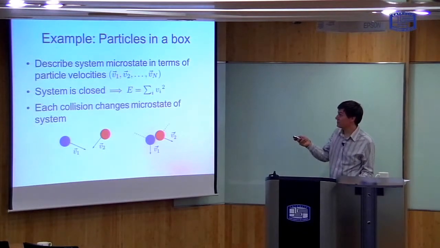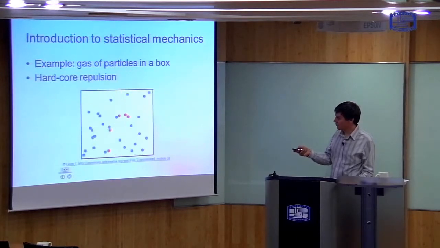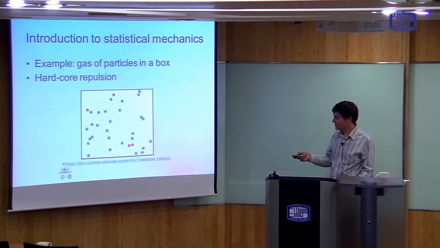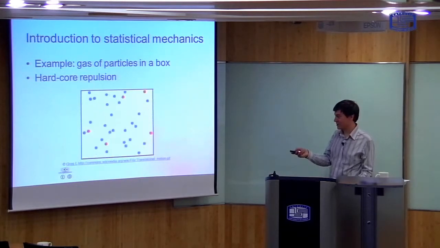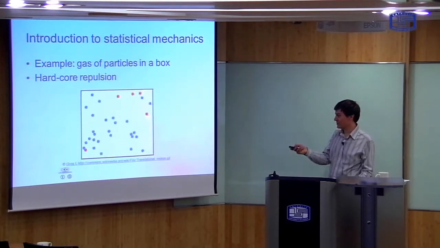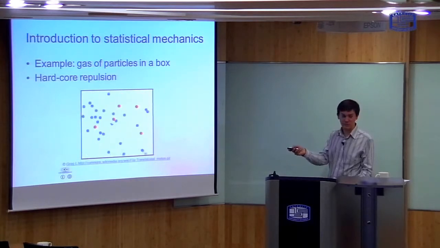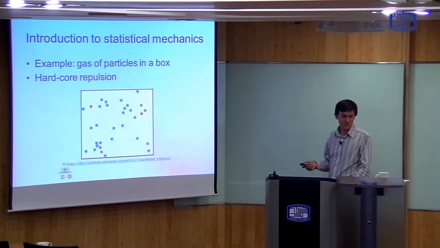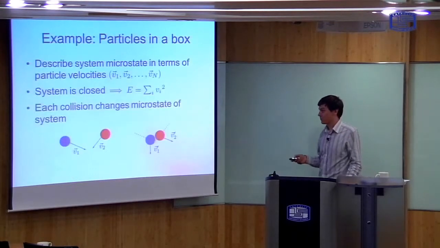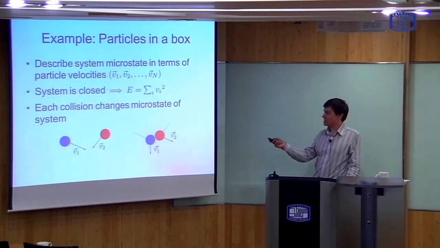I defined the microstate in terms of the velocities of the particles, but when two particles collide, they change velocity. Right? So this particle is now moving up, but when it collides with another particle, it suddenly starts moving horizontally. So collisions change the microstate of the system. Each collision changes the microstate of the system.